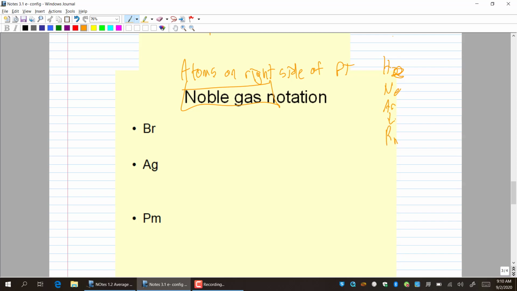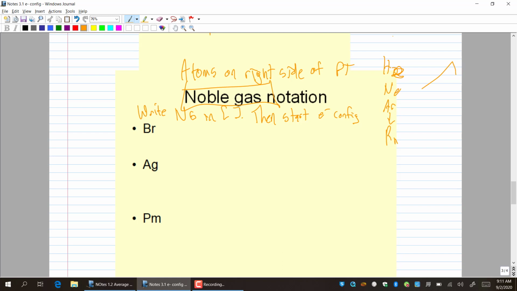Those guys are full. And remember I said we really care about the outermost ones? So for noble gas notation, you write the noble gas in brackets, then start the electron config again.